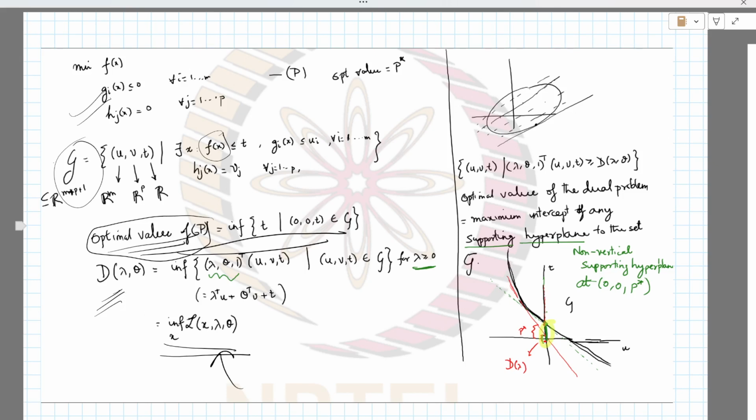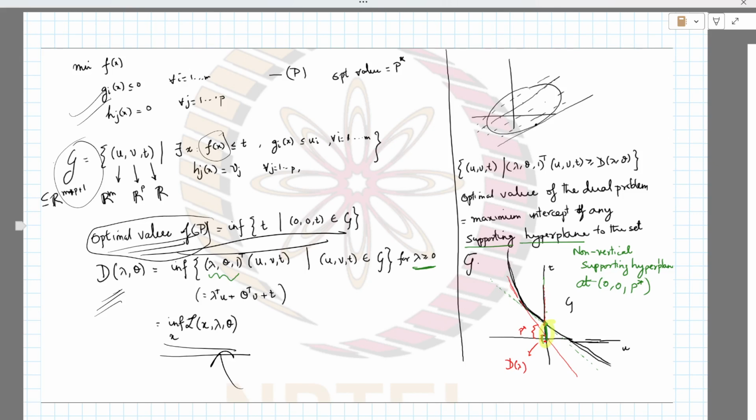It is the infimum of the Lagrangian, with (u, v, t) such that the multiplication becomes exactly a Lagrangian. So d(lambda, theta) is the infimum of a Lagrangian function defined over (u, v, t) belonging to G, for lambda greater than 0. So it becomes the infimum of L(x, lambda, theta) over x. Yeah, this also makes sense.